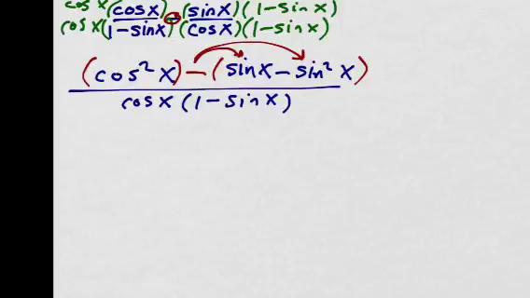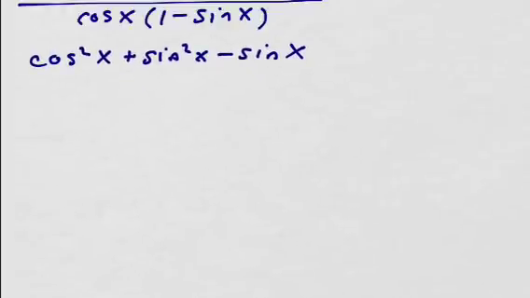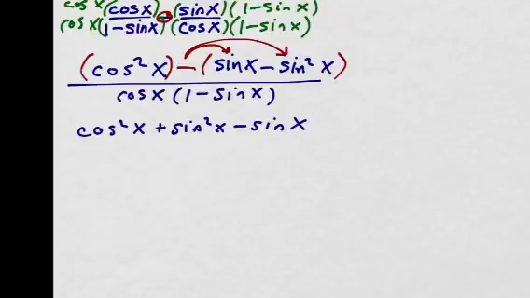So if I wanted to, I could rewrite this as cosine squared x plus sine squared of x minus sine of x. And then remembering my Pythagorean identity, cosine squared plus sine squared equals 1, I can rewrite that and just say, okay, so this part right here, that's just 1.